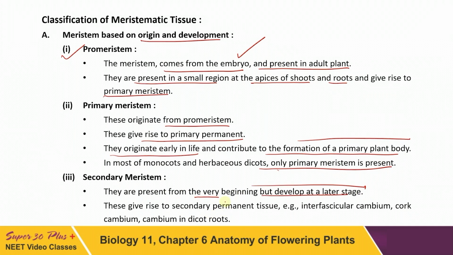They give rise to secondary permanent tissue. For example, you have to study interfascicular cambium and cork cambium present in dicot root and dicot stem. They will develop into secondary permanent tissues.